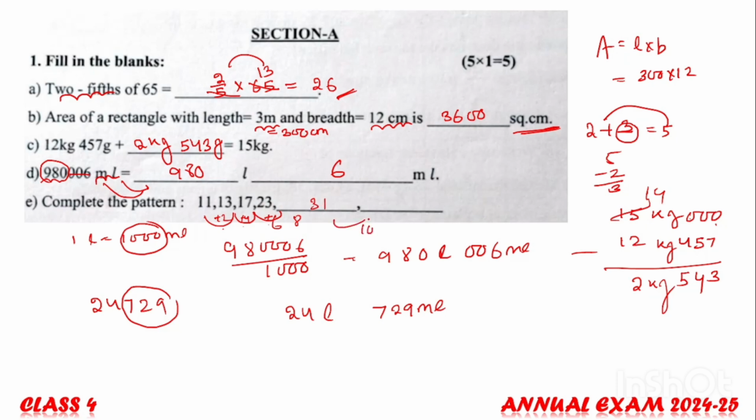Again add 10, that is 41. It means from 11 to 13 we add 2, then we add 4, then we add 6, then 8, then 10. So if we add 8 with 23, that is 31. 31 plus 10, that is 41. Clear?